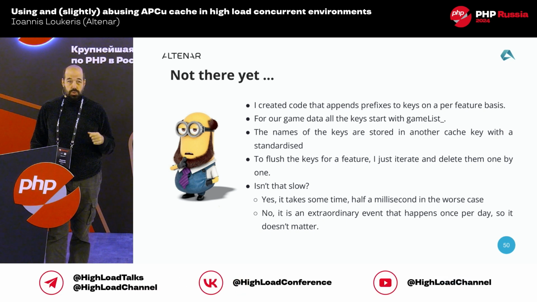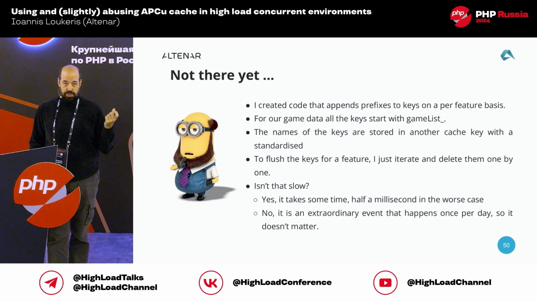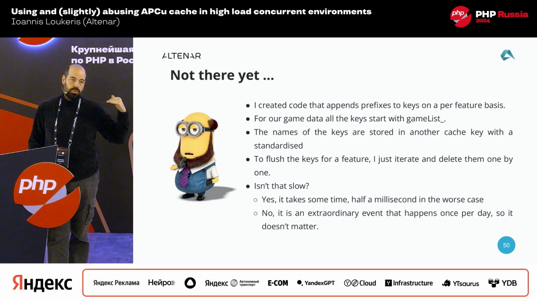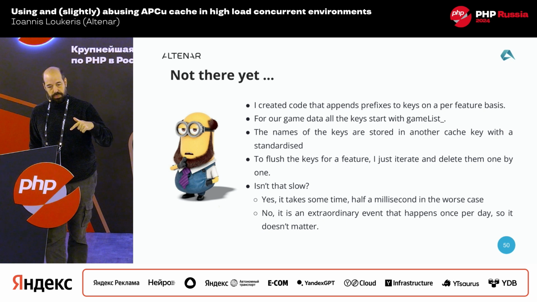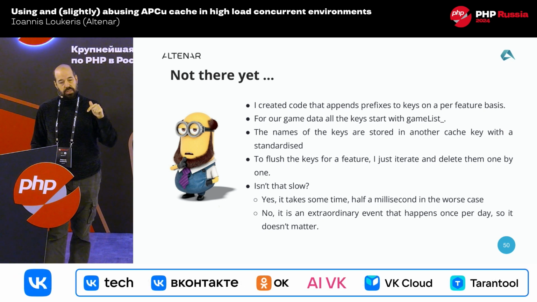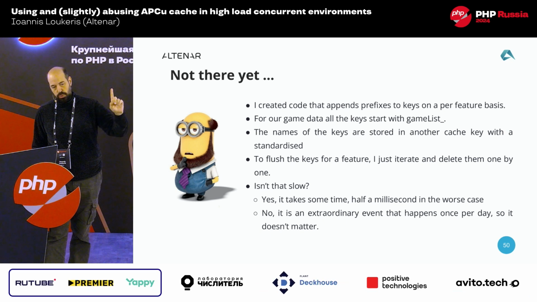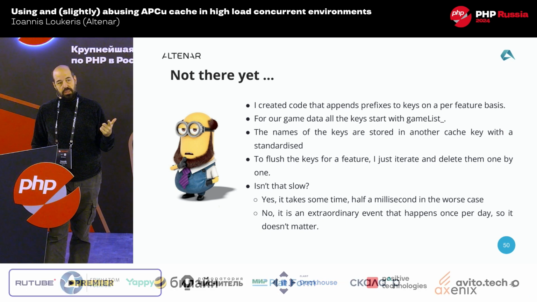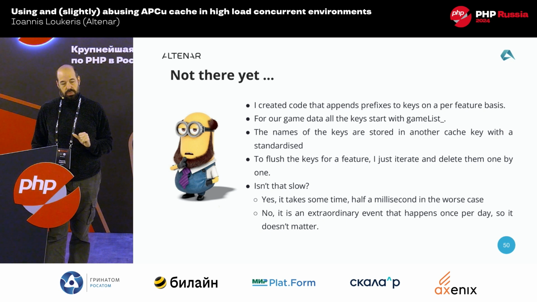Now you have to store all the keys that you create in another pre-known key for this segment. And to flush the keys for this feature, you have to iterate through this pre-known cache key and delete all the keys for this specific segment.